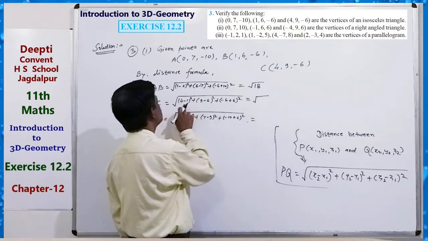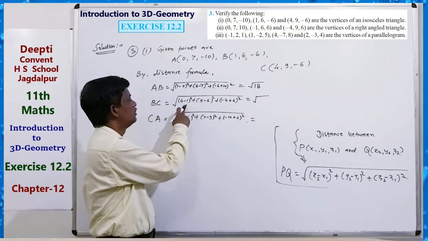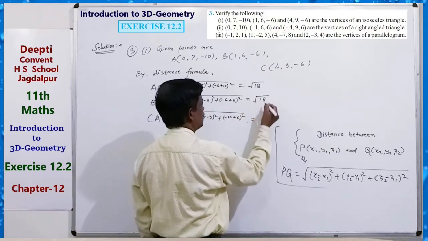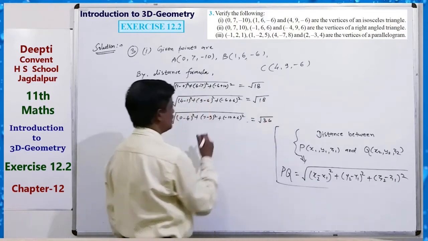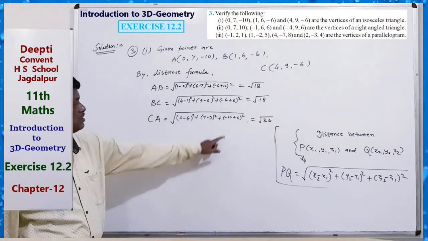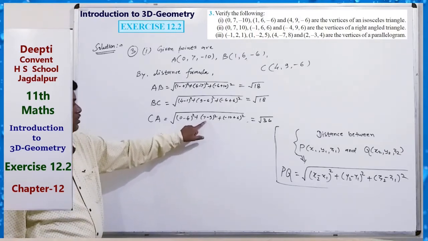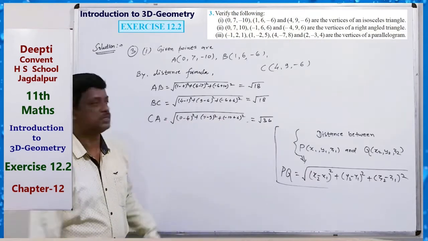Root 18, here also 3 square, 0 square, root 18, and here root 36. Just you can see that 36, 16, 20, 30, 36, okay. So this is the value.